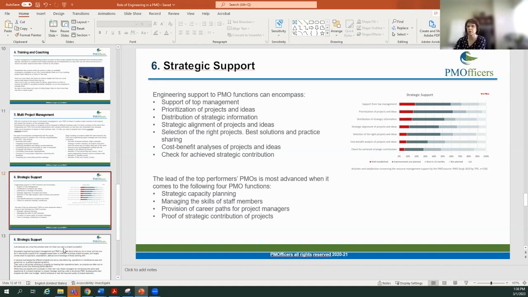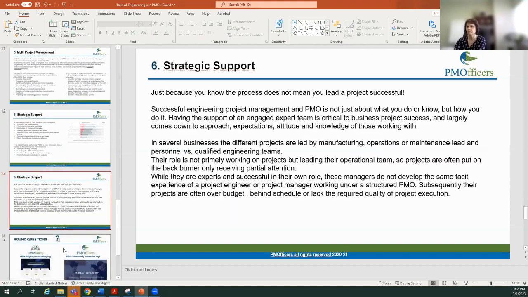It's very, very critical. So just because one knows the process does not mean that you lead a project successfully. Successful engineering, project management, and PMO is not just about what you do or know, but how you do it.